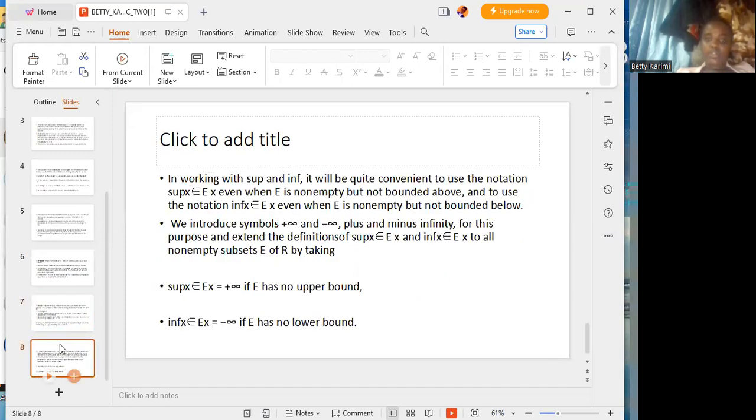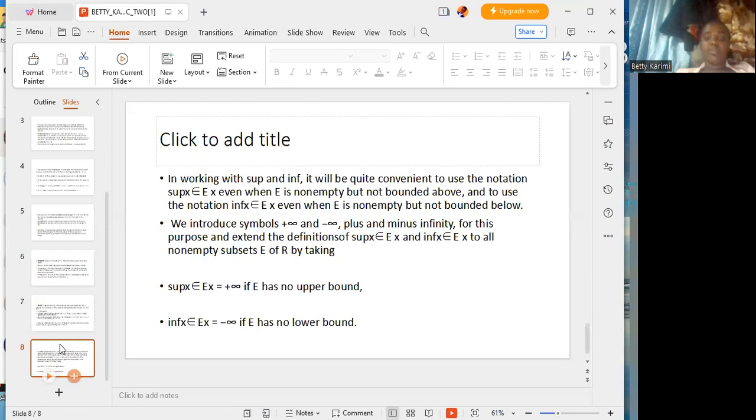In working with sup and inf, it will be quite convenient to use the notation supremum of x in E even when E is non-empty but not bounded above, and the notation infimum of x in E even when E is non-empty but not bounded below.